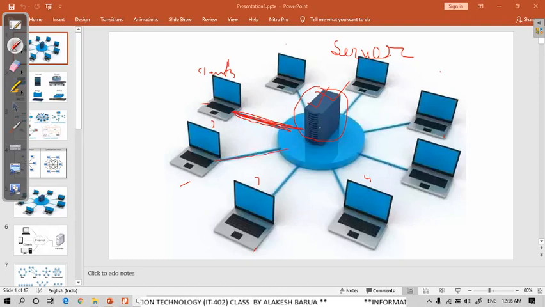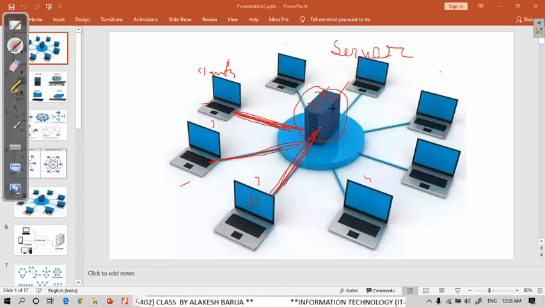A client always accesses the server, and the server serves the accessed materials. Now let's say this computer needs a file. Then it tells the server, hey server, I need a file, and the server says, yes my lord, I will give you the file. So the server serves the file to this computer. So this is the purpose of a server.